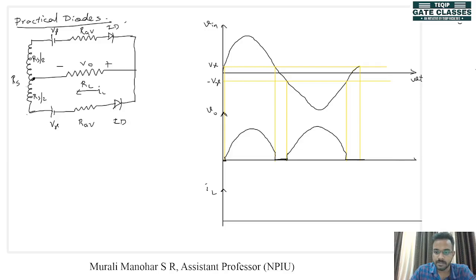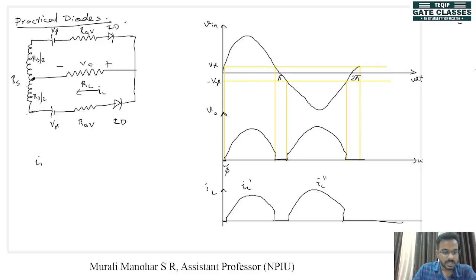Okay, so this is V out. This is our omega t. This is pi and 2 pi. Now this small angle is denoted as phi. Okay, the current waveform will look like this. It's called IL dash, and this is IL double dash, to denote that these two currents are flowing because of two different diodes.